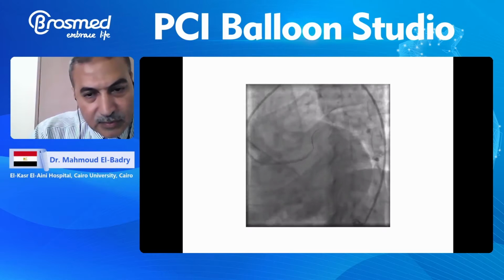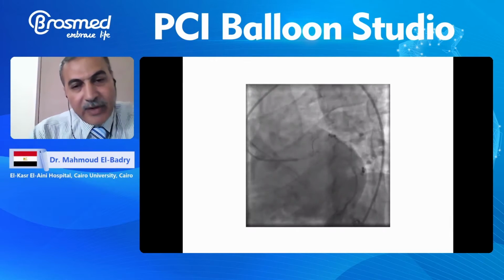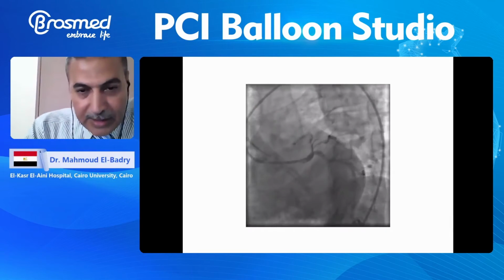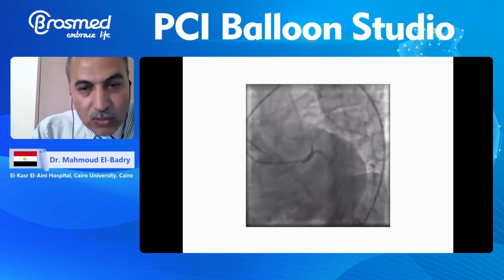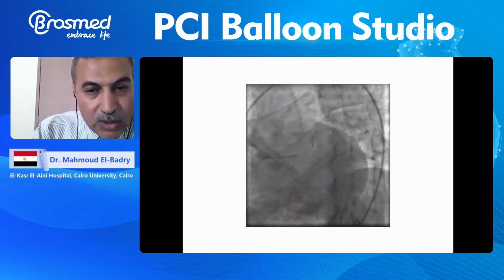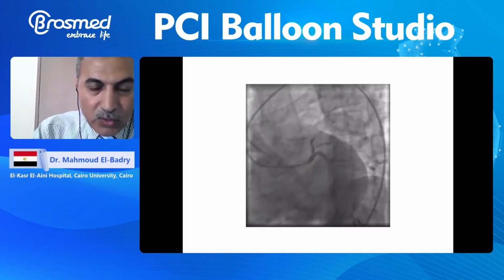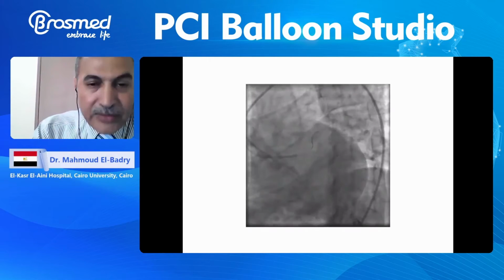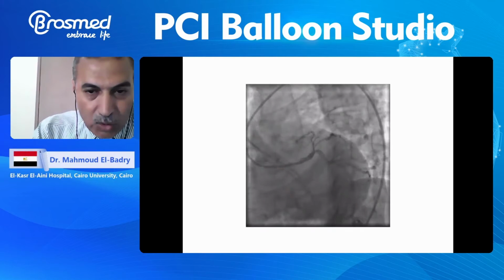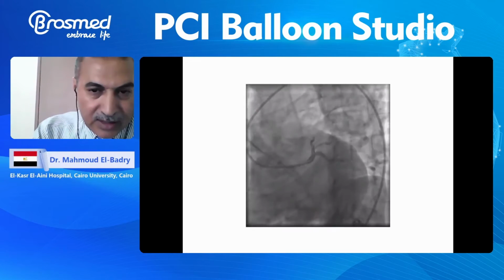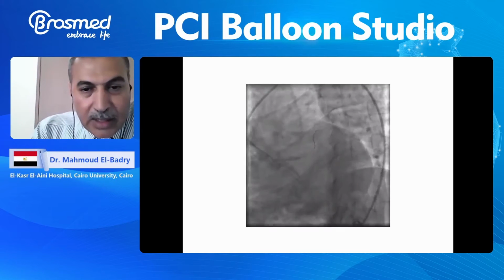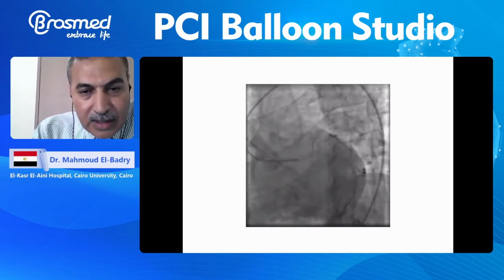So finally, I decided to go to the second diagonal branch, and as we remember, it was occluded 9 months ago, and maybe more than this time. It is at the origin.